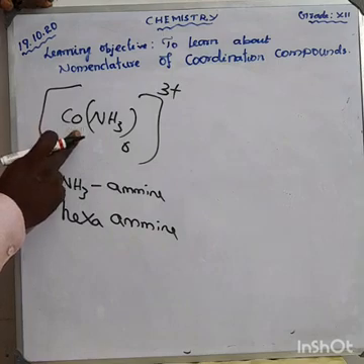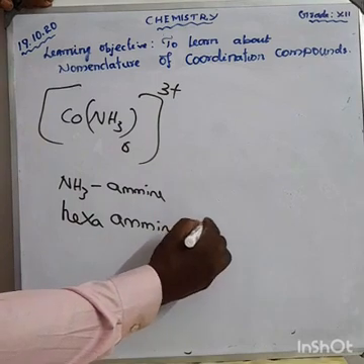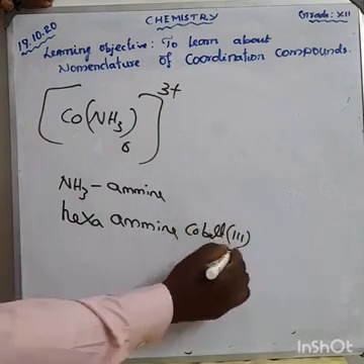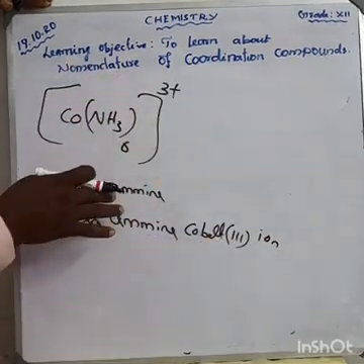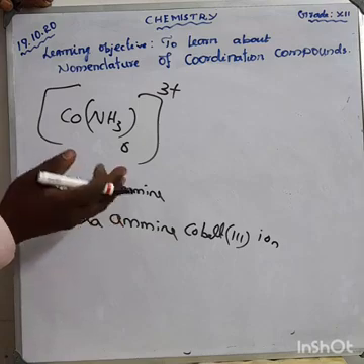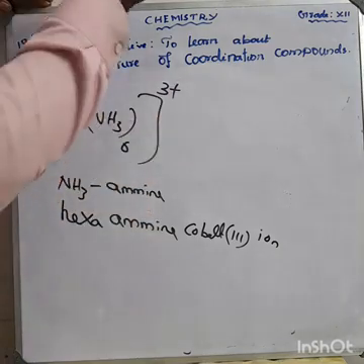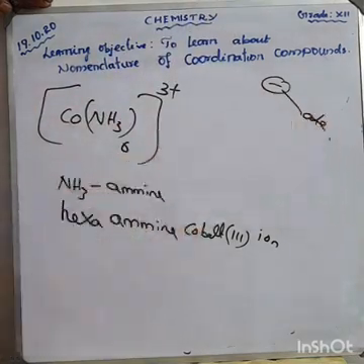Cobalt oxidation state is plus 3. Okay, oxidation state is Roman numeral 3. Cobalt 3 ion. In the previous example I told you hexacyanoferrate, am I right? Because that complex having the negative charge ends with ate.